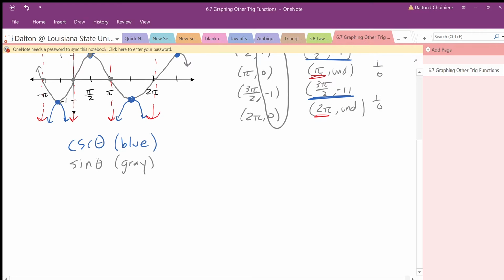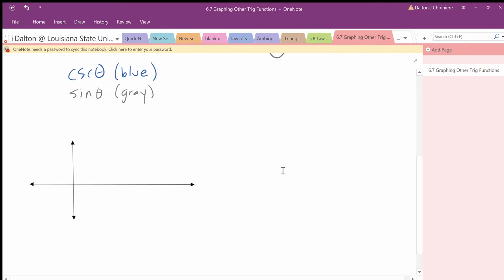So if we were to see the cosecant graph in isolation, I'll show you here, cosecant of theta. If we wanted to see that just by itself, let's see, -pi.